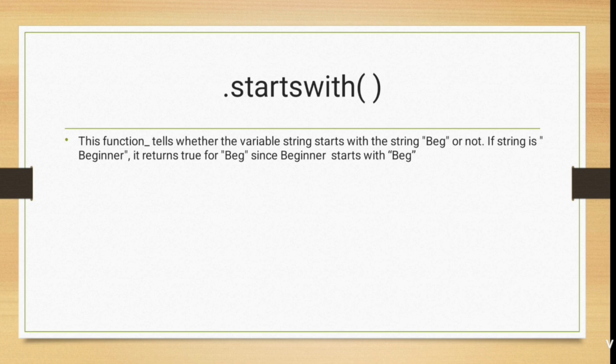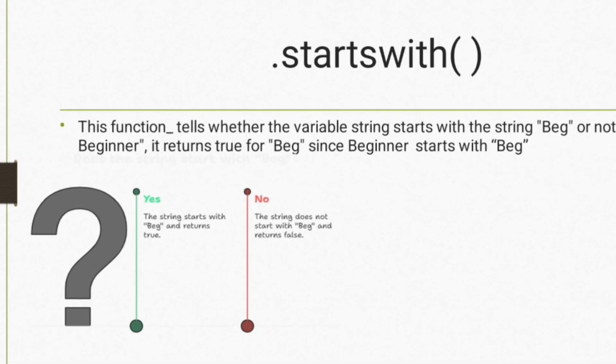If your string starts with the given words, which is also called a prefix sequence, then it will give you true output, and otherwise it will give you false. Basically dot startswith will give you output in boolean value which is true or false.